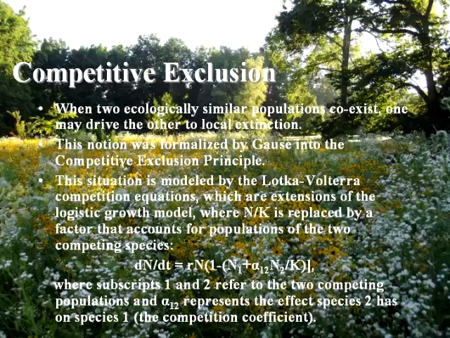This principle was developed into a mathematical model by two other theoreticians by the name of Lotka and Volterra. And basically what they did was to take the logistic growth model and add an additional term to it, which took into account interactions between two species.